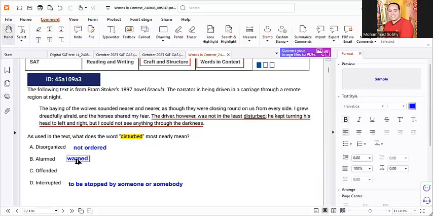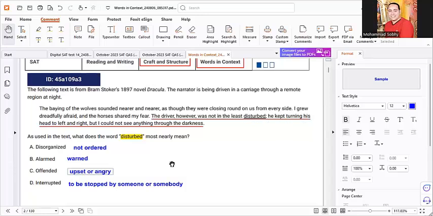So which one do you think? It's not D. I think it's D, mister. D, you are insisting. No, C, I mean C, offended. Yes. Okay, reading the sentence again: the driver, however, was not in the least disturbed.